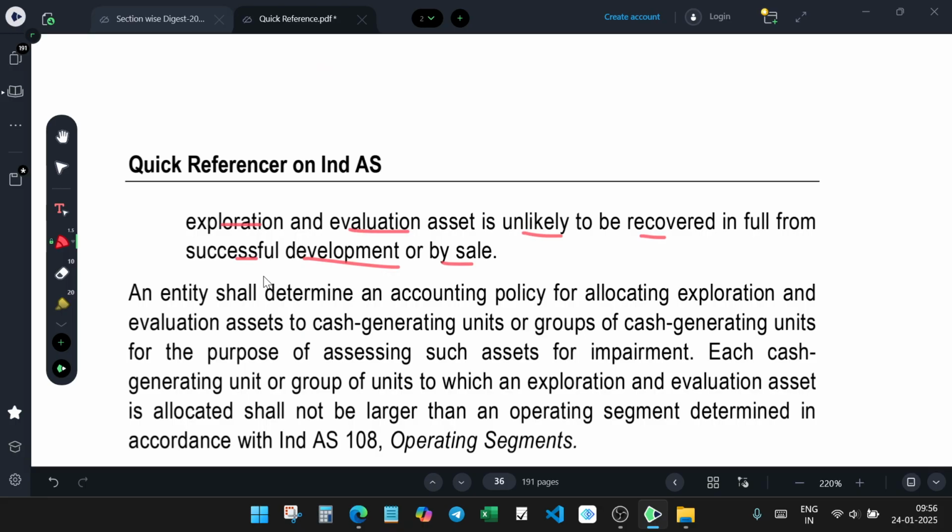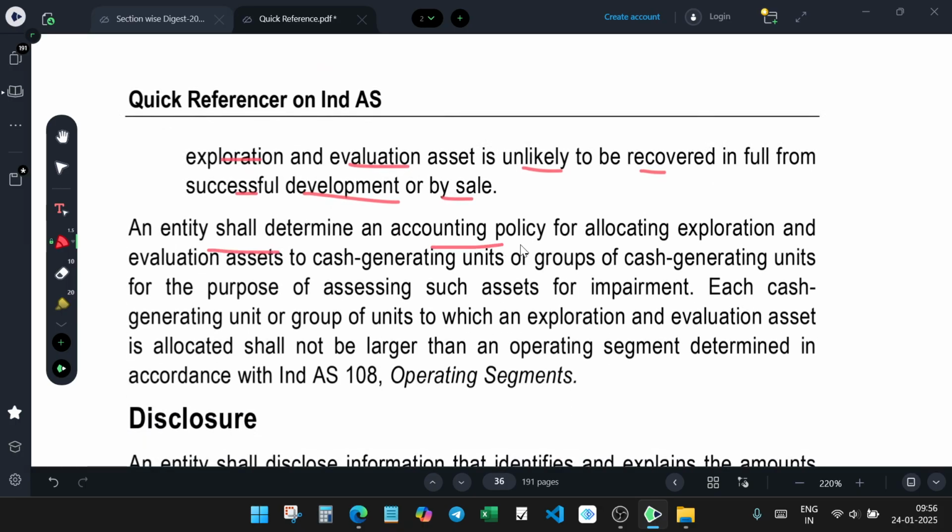They do everything, and it can be recovered. But they actually sell the land to someone, so they didn't do the mining. The total cost incurred in finding this will be impaired as a loss.